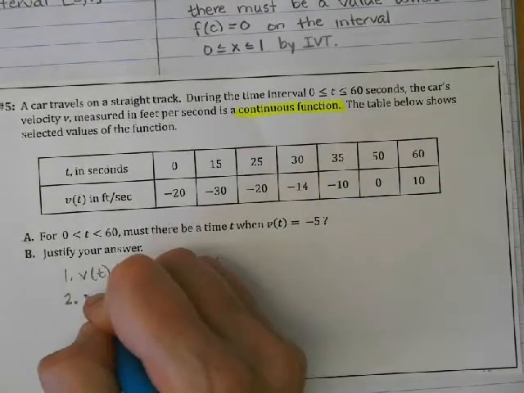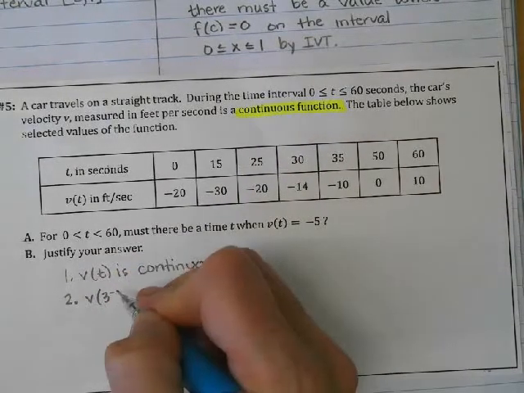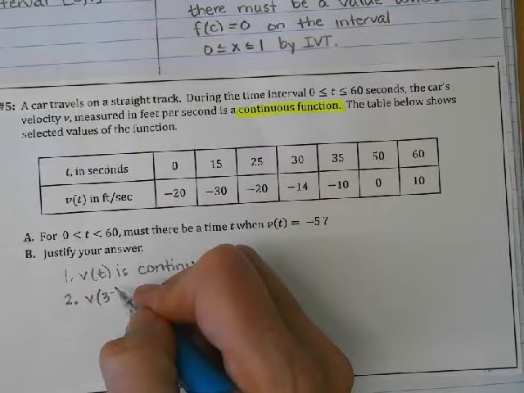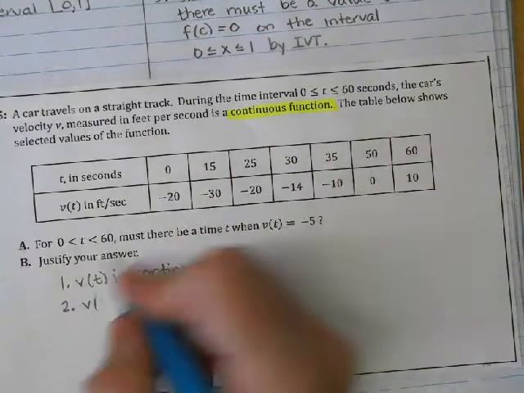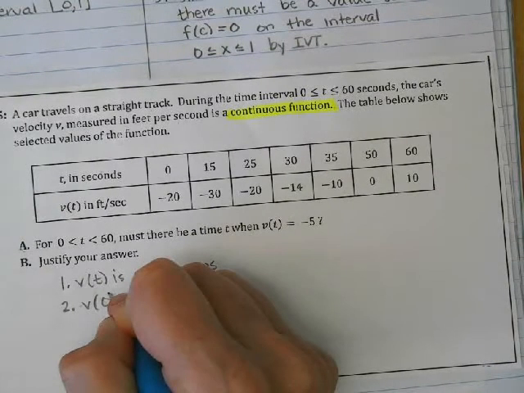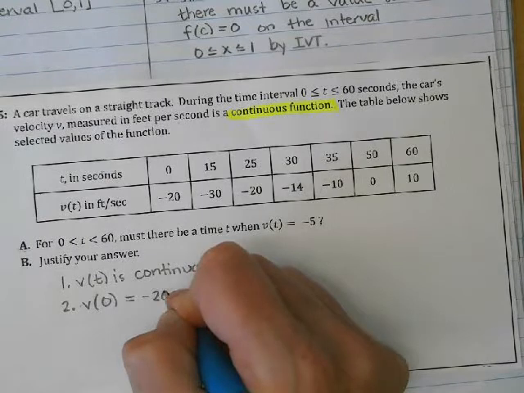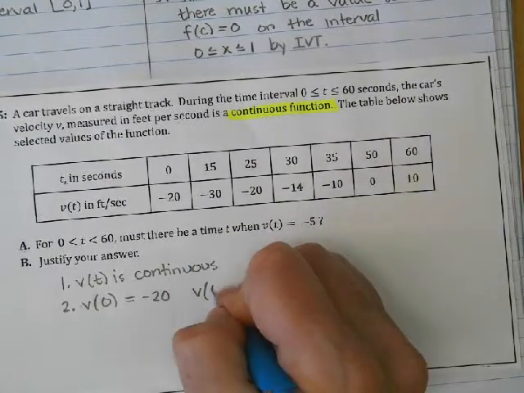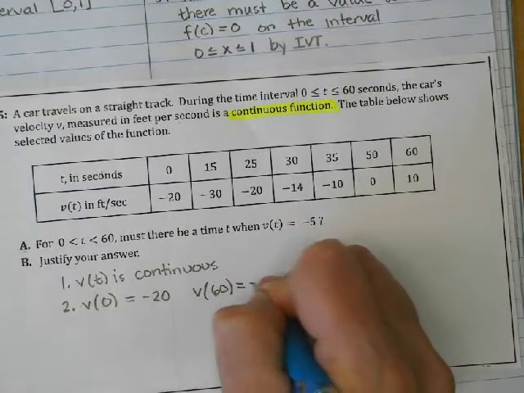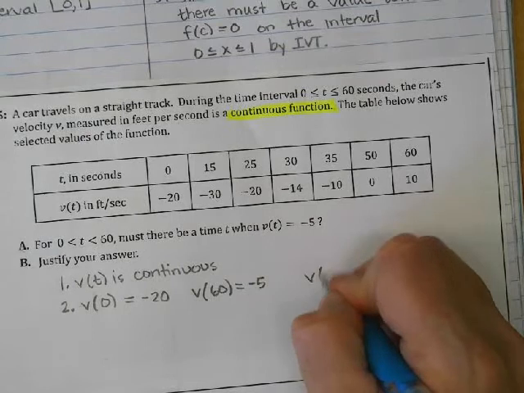Okay, we got to look at those endpoints. Well, we know that the velocity at, do I have 35? I'm going to say the velocity at 0 is -20, and the velocity at 60 is -5. Okay, we got to make a conclusion.